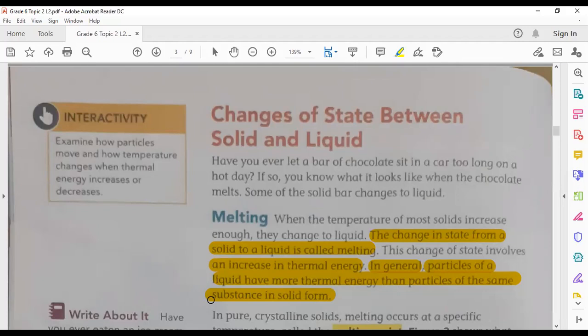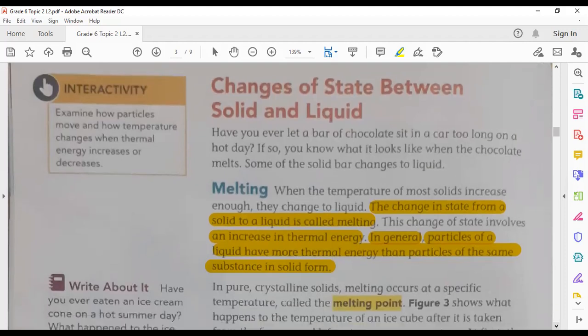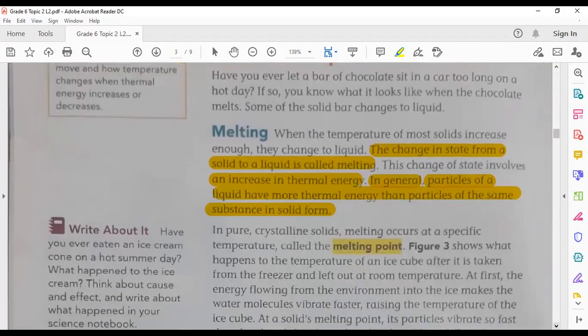If gold is melted, the particles of liquid gold have more thermal energy than the particles of solid gold. In any substance, the thermal energy of the particles of a liquid is larger than that of the solid.